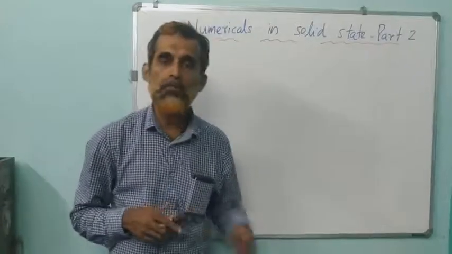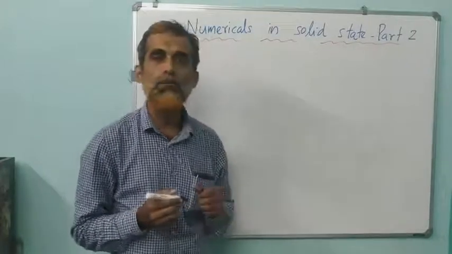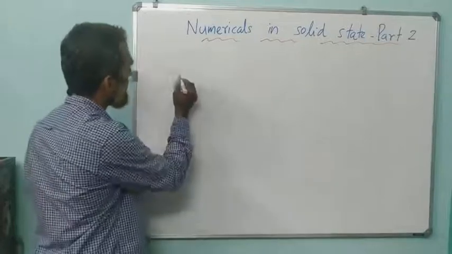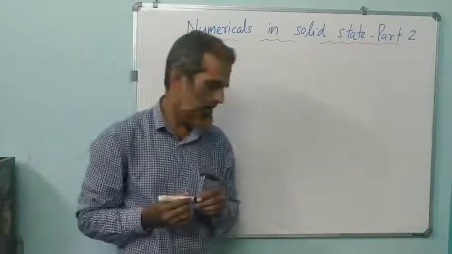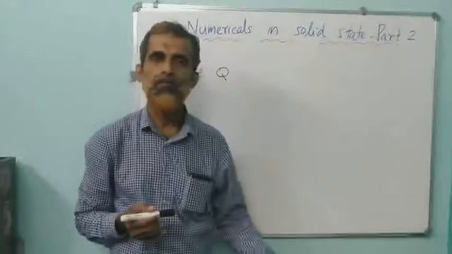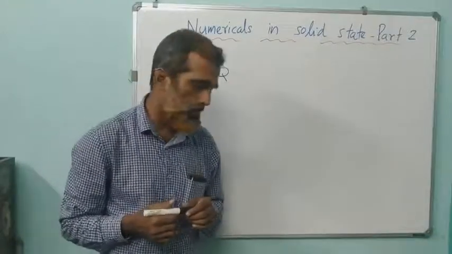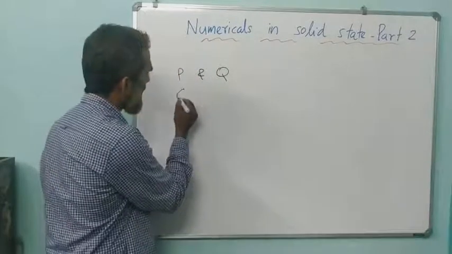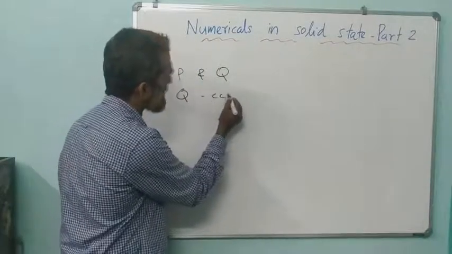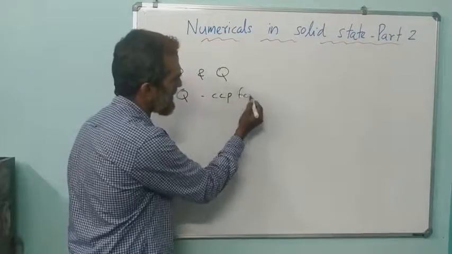A solid made of two elements P and Q. Atoms of Q are in CCP arrangement, that is FCC.